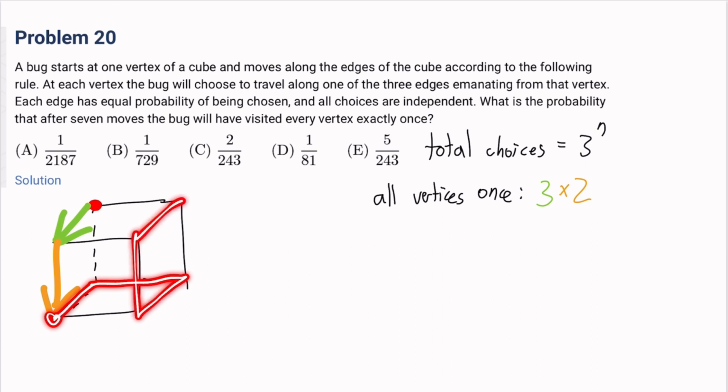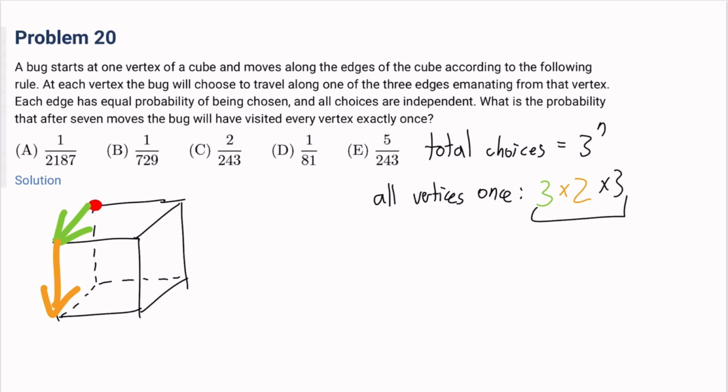That will give us having visited every vertex. So that's one. Or we could have gone up like that, and then gone like that, right? So that's one more. And then lastly, we could have just gone like this and then gone up, and then come down like that. So that's 3 ways. And then there are no other ways, right? So that's just times 3.